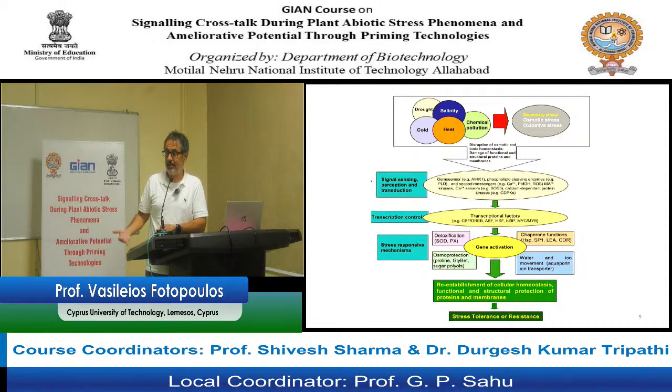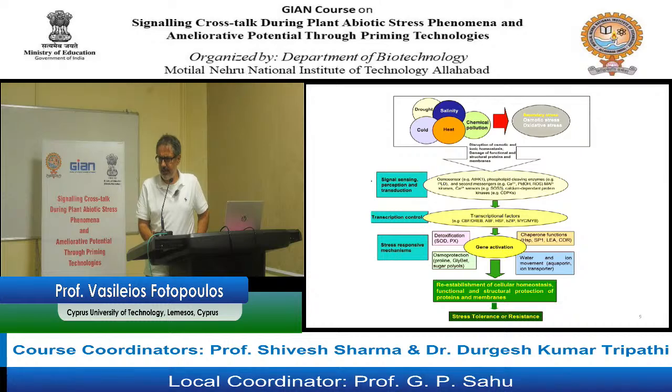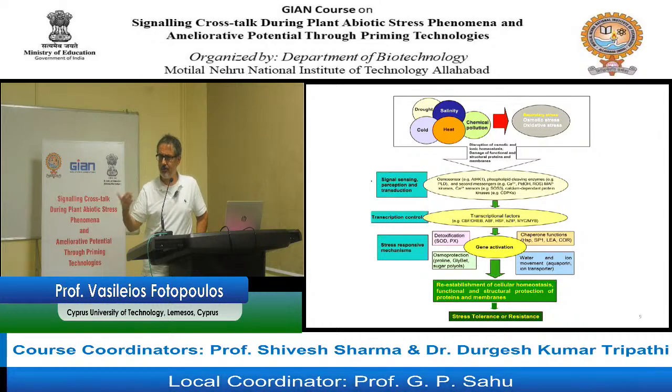This, in turn, leads to the disruption of osmotic and ionic homeostasis, the damage as well of functional and structural proteins, as well as membranes. Through the stress, we have the overproduction of the reactive oxygen species and the reactive nitrogen species. So this effectively leads to programmed cell death, apoptotic responses in the cell, that also affects fragmentation of nucleic acids. You have the denaturation of pigments, such as chlorophylls in green tissues, and so on and so on.